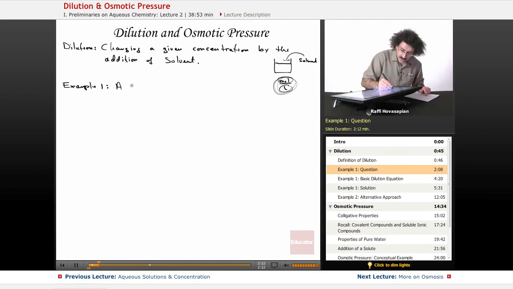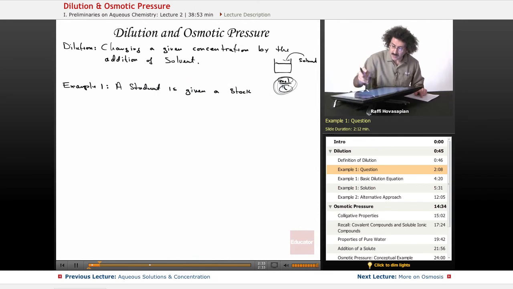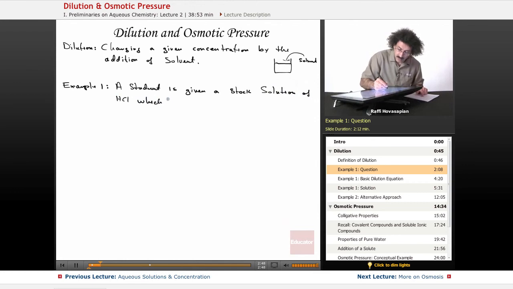So a student is given a stock solution of hydrochloric acid, which is 11.8 molar.